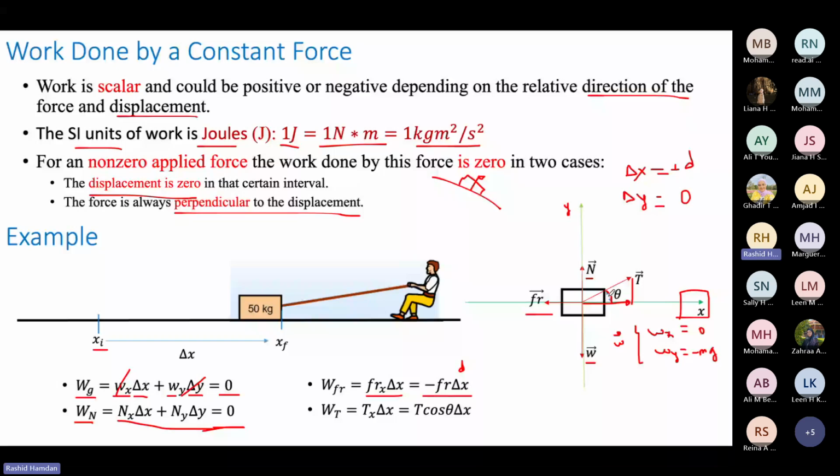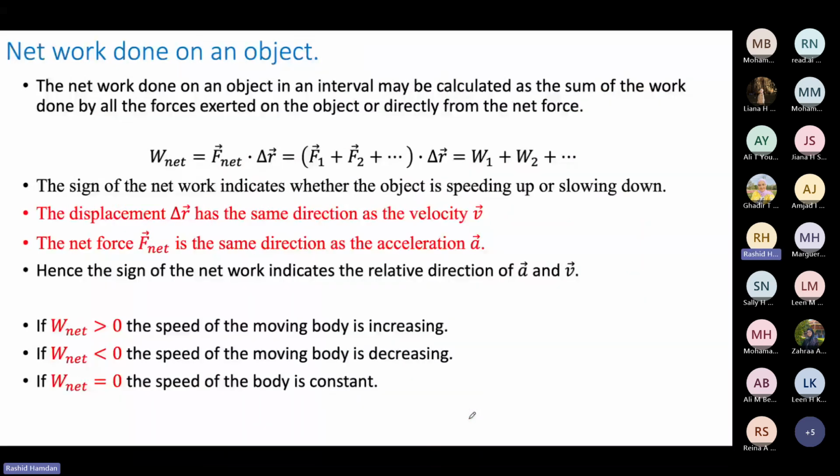So now let's put things together. I can look at the net work done on the object. So the net work is the work done by the net force, or the total work done on the object. So how can I calculate this? The net work, I have to take F net and multiply it by delta R. When I found F net, I had to do a vector sum of all the forces.